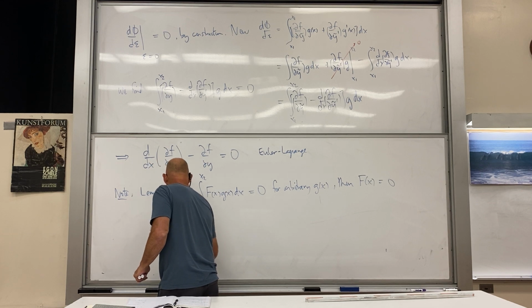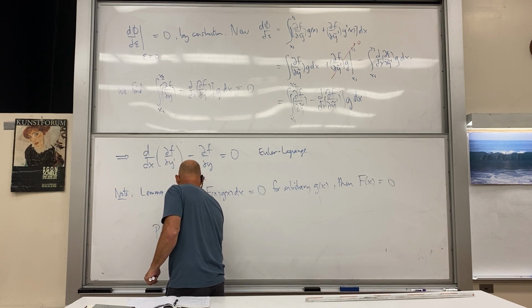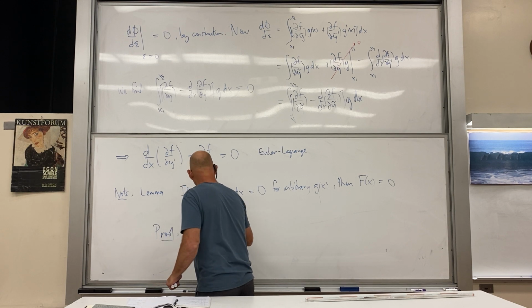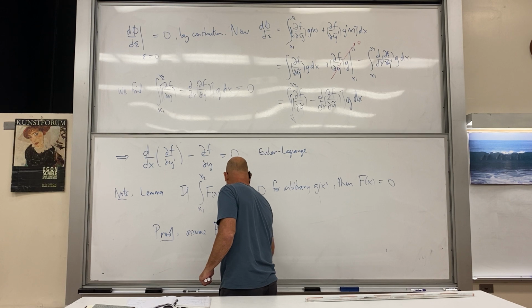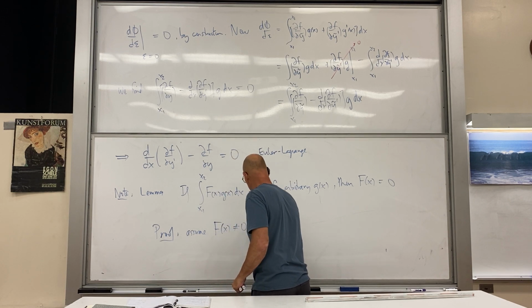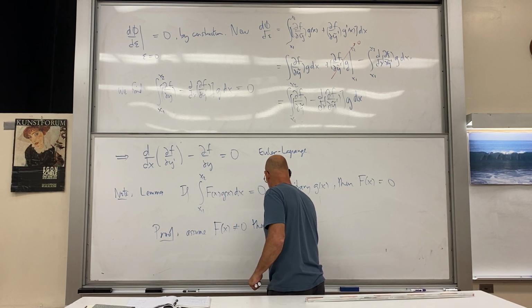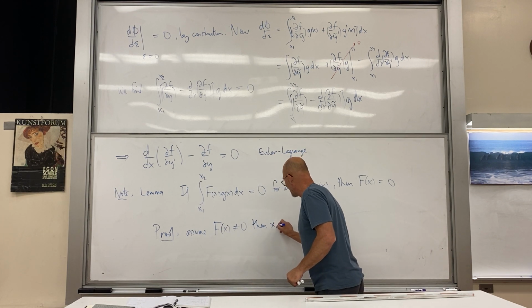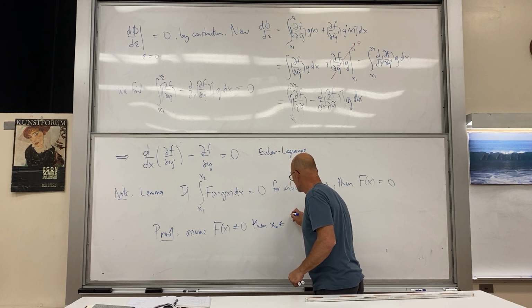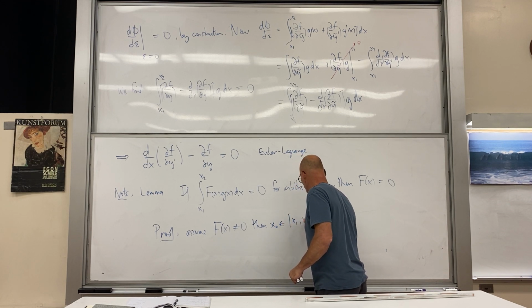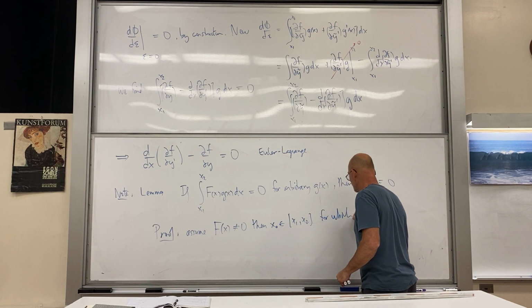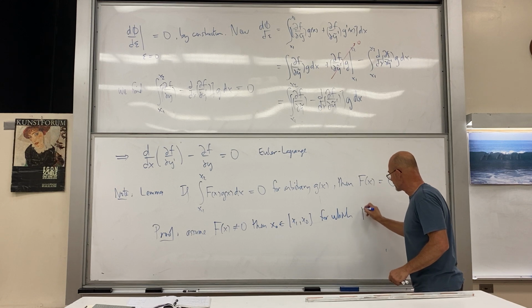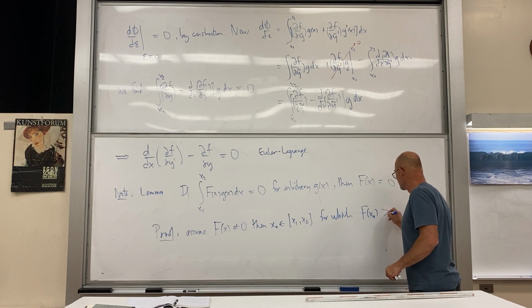Proof: assume f of x is not identically equal to 0, then there exists an x0 element of x1 to x2 for which, without any loss of generality, f of x0 is greater than 0.